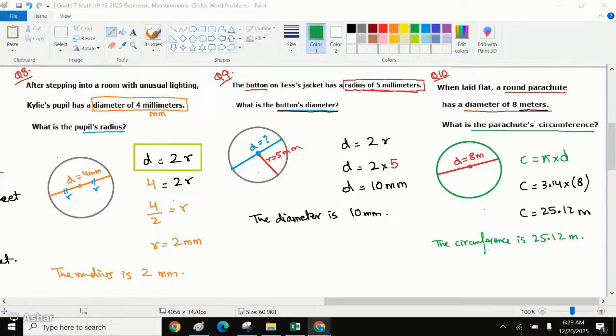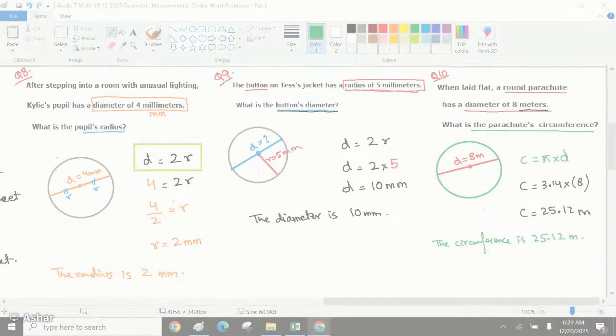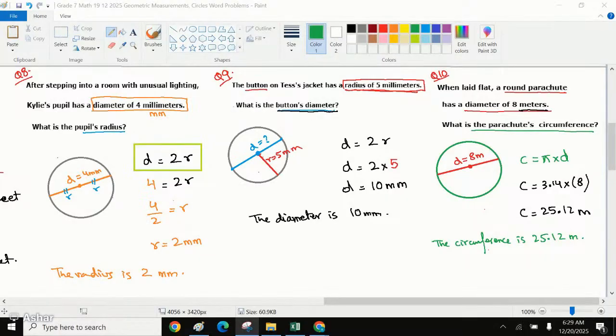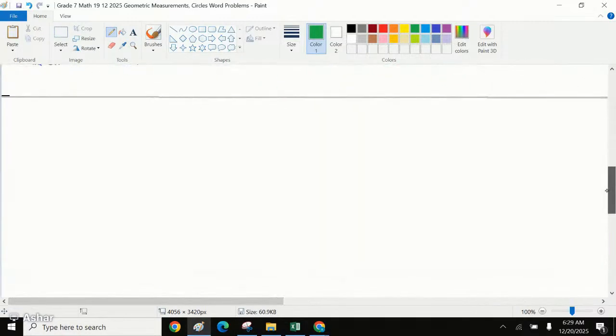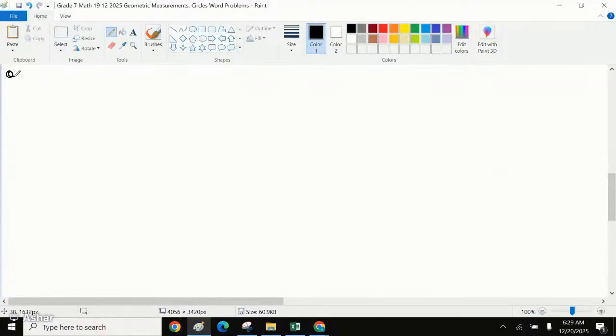Okay. The next question says, a cathedral has a large circular stained glass window. Okay, let me just copy this so that we can do it together. This is question number 11, right?